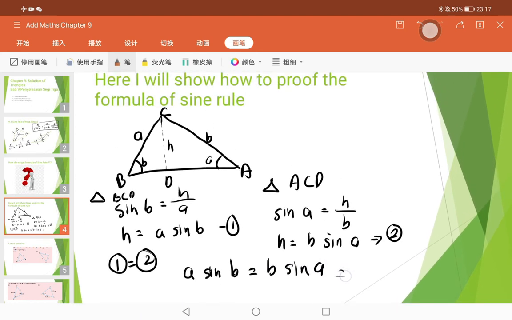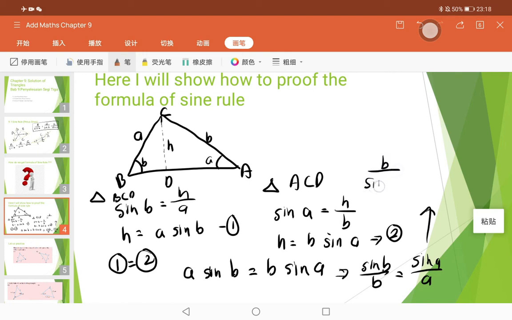Therefore I arrange back in terms of the same unknowns here. So we have sine B over b equals to sine A over A. Therefore we inverted it, b over sine B equals to A over sine A. This is the formula for the sine rule.